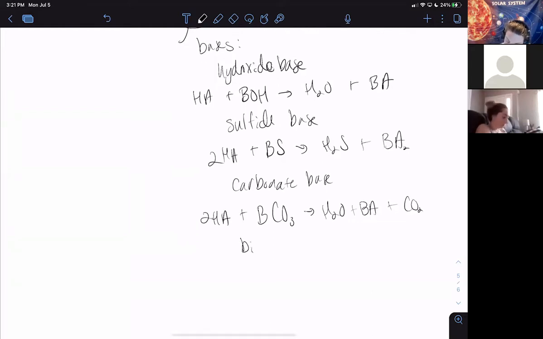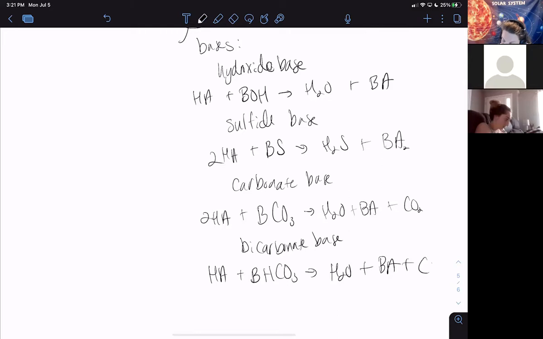And then a bicarbonate base. So bicarbonate is HCO3, so it's got some cation with it. And it produces the same exact products: water, salt, carbon dioxide.